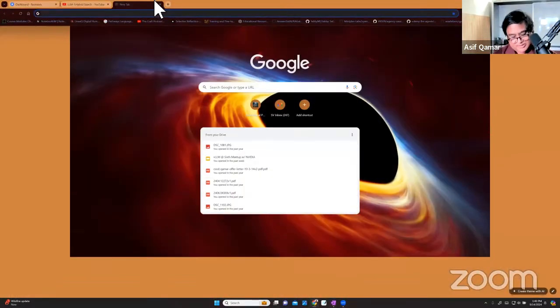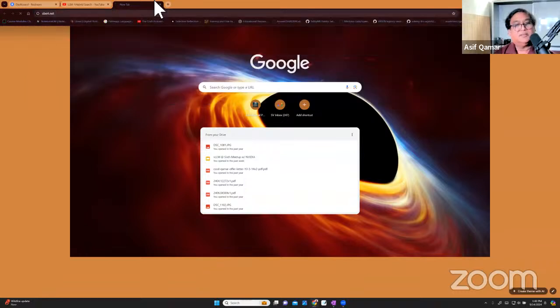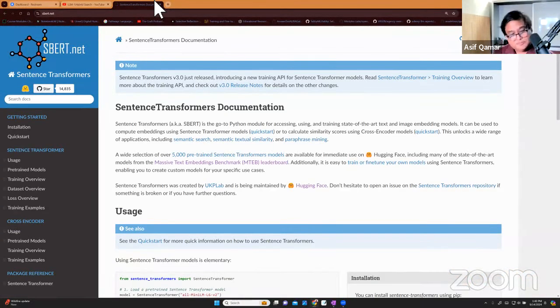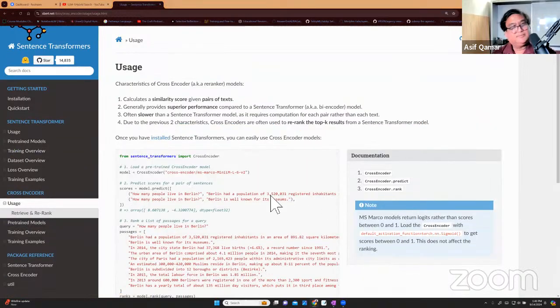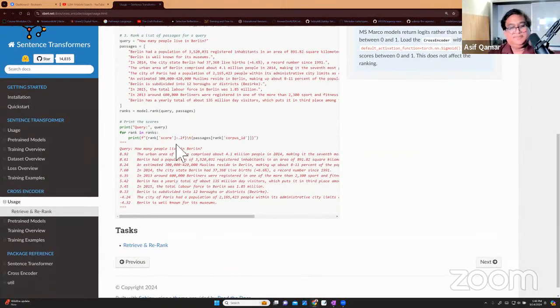If you go, for example, to SBERT, the rerankers here are called cross encoders. Do you see this, guys? Cross encoder, right? The usage is very, very easy.